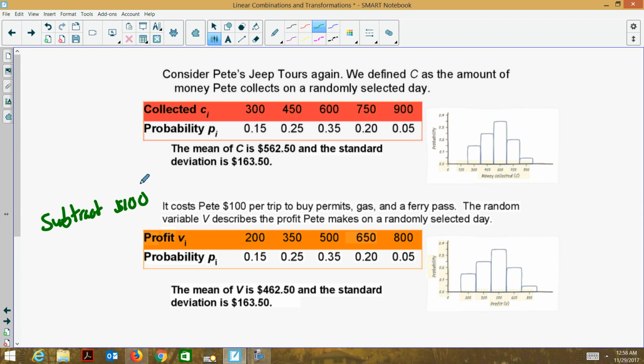He's consistently subtracting $100. Well, the mean changed by $100, but the standard deviation stayed the same because it only shifted. There wasn't much of a transformation there. So this is an example of how with random variables you add only to the center, to the mean, but you multiply both mean and standard deviation.